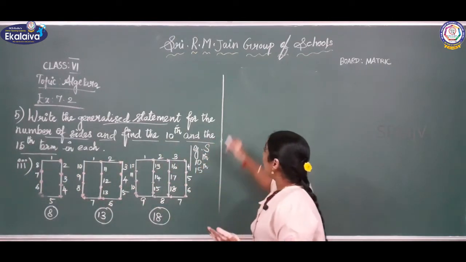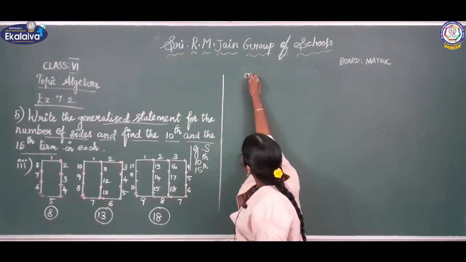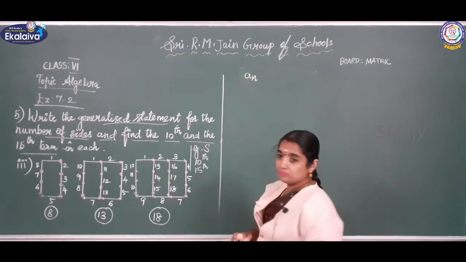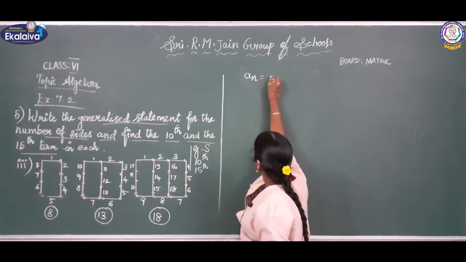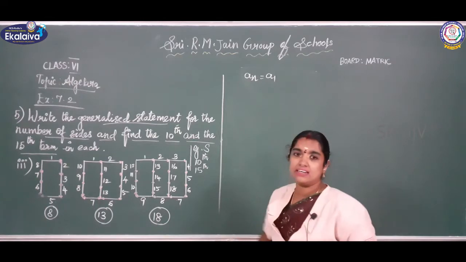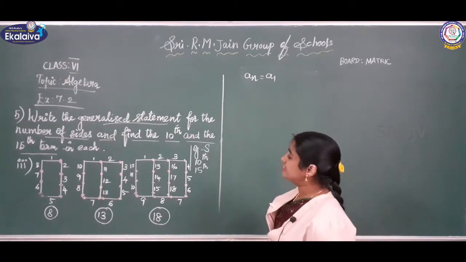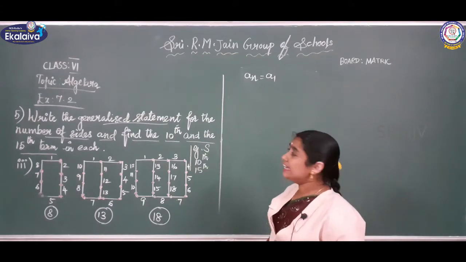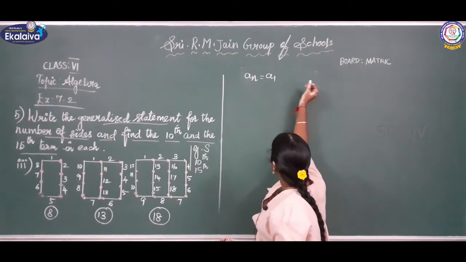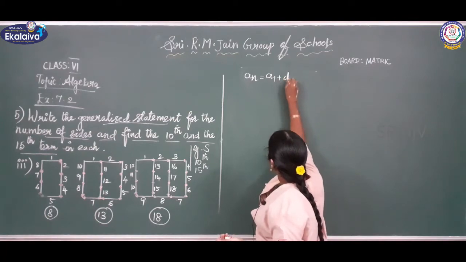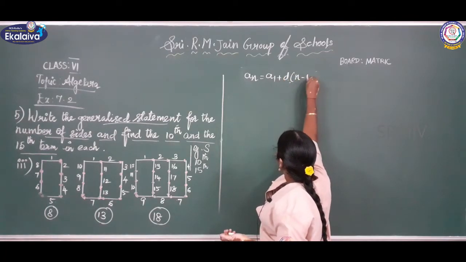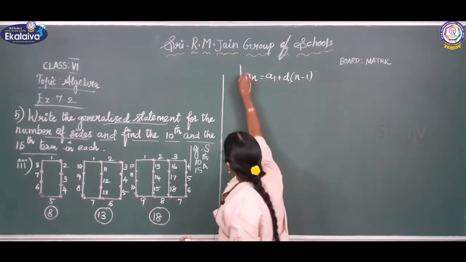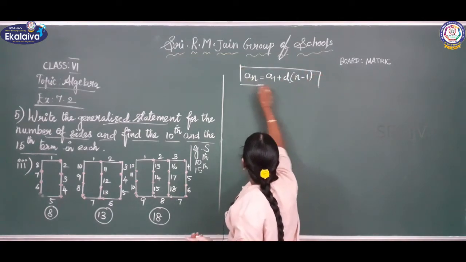What is that? The an formula. Listen, an is equal to a1 plus d into n minus 1, where a1 is the first term, a2 is the second term, a3 is the third term. So I am going to substitute in this formula.